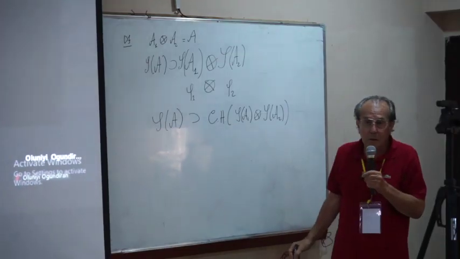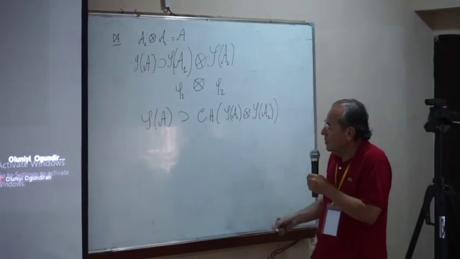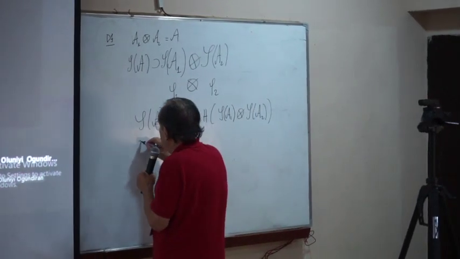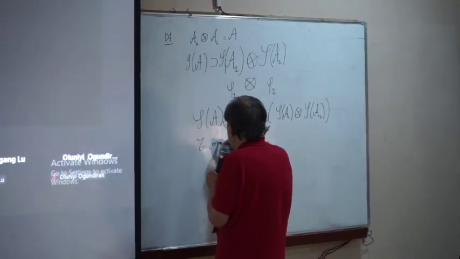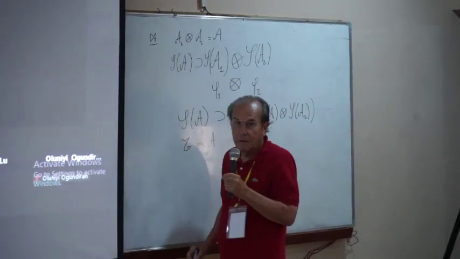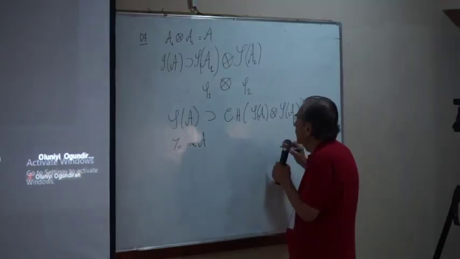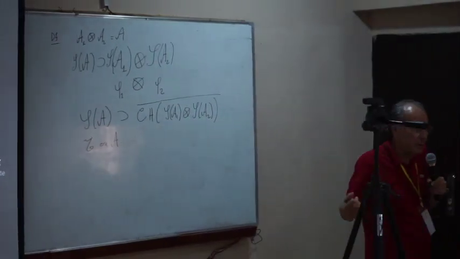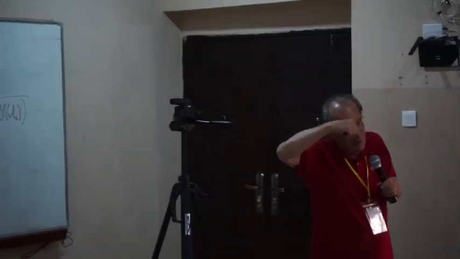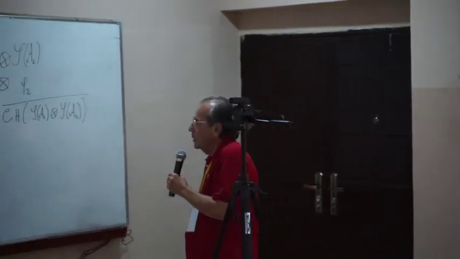If we put a topology tau on A, we can speak of the closure of the convex hull in that topology, because any topology on A will induce a topology on the states. And we take the continuous states.